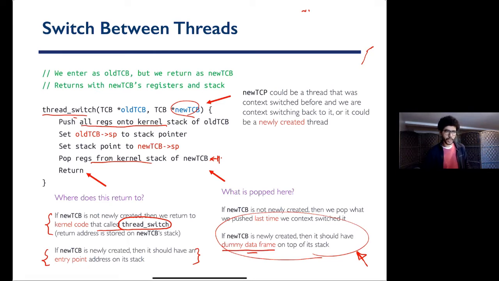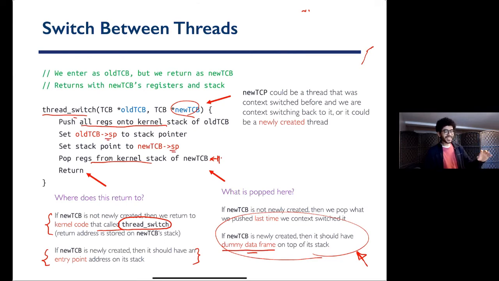Okay, I got a question. How would this work if there was only one kernel stack for all threads? That's a really good question, and it would still work, right? It would be different. I wouldn't be saving stack pointers, probably. It would be tricky.